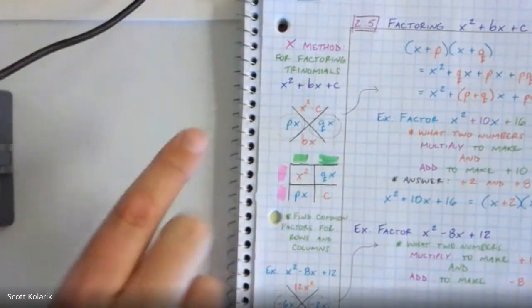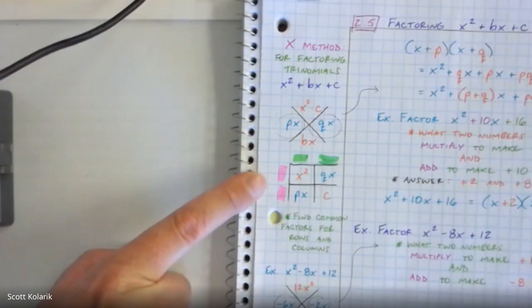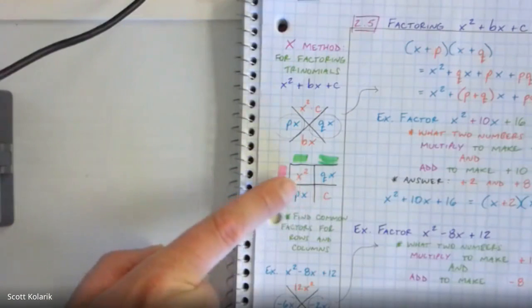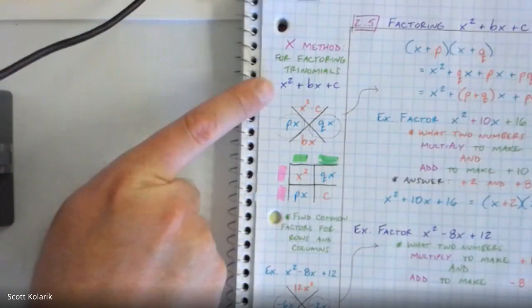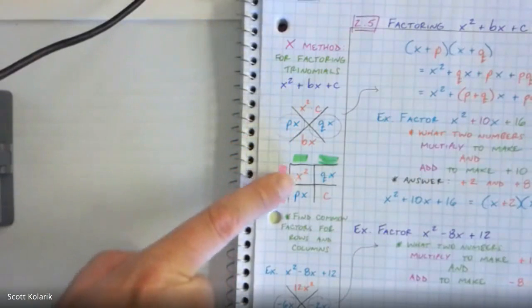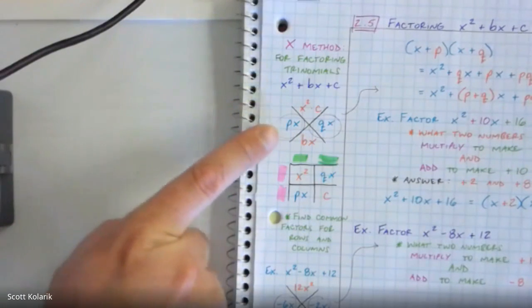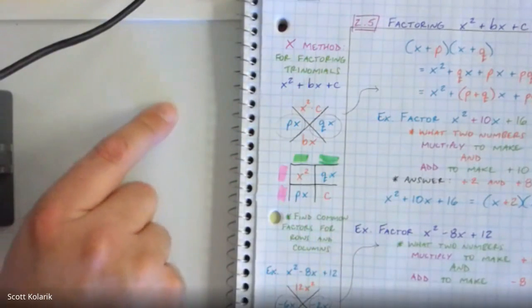Again, it's going to be 2 steps, an X method followed by a table method. The orange values here are pulled directly from the original trinomial that I will be given, whatever it may be. These blue values are the answer to that same exact riddle that we did in section 5.